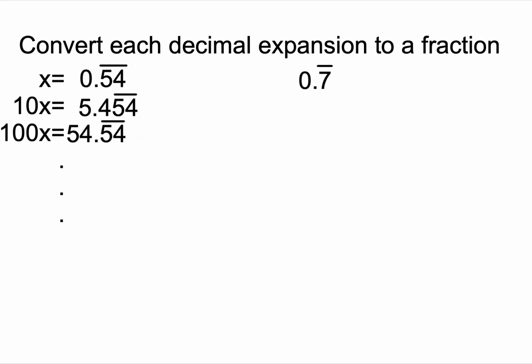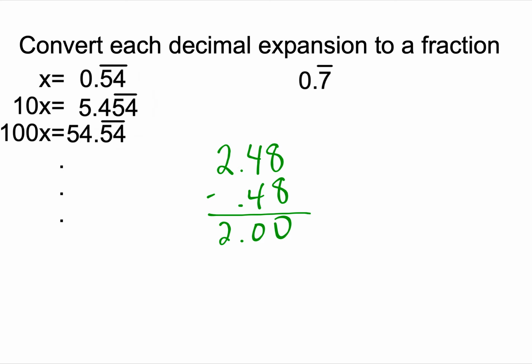One thing we can do, though, is use more than one of these. A nifty little trick: consider 2.48 minus 0.48. That would just be 2.00. That's the trick we're going to use.